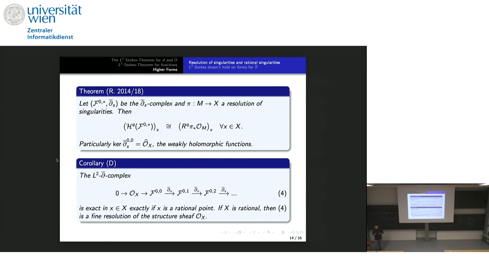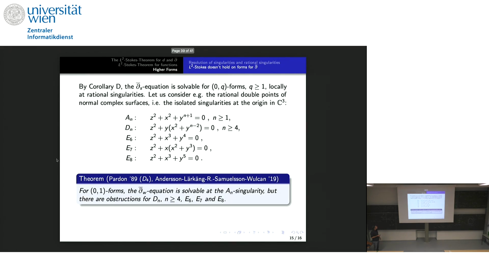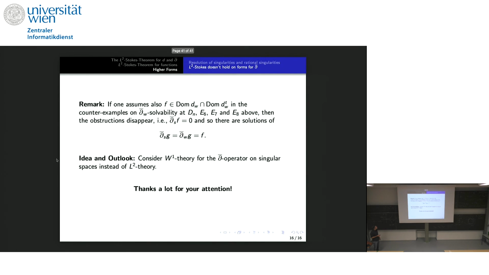So the d-bar S equation, the strong d-bar equation, is solvable in singular points if and only if it's a rational point. This is actually true for arbitrary singularities. So this is not just about isolated singularities. This is true for arbitrary singularities. Okay, and from this you then get these counterexamples here.